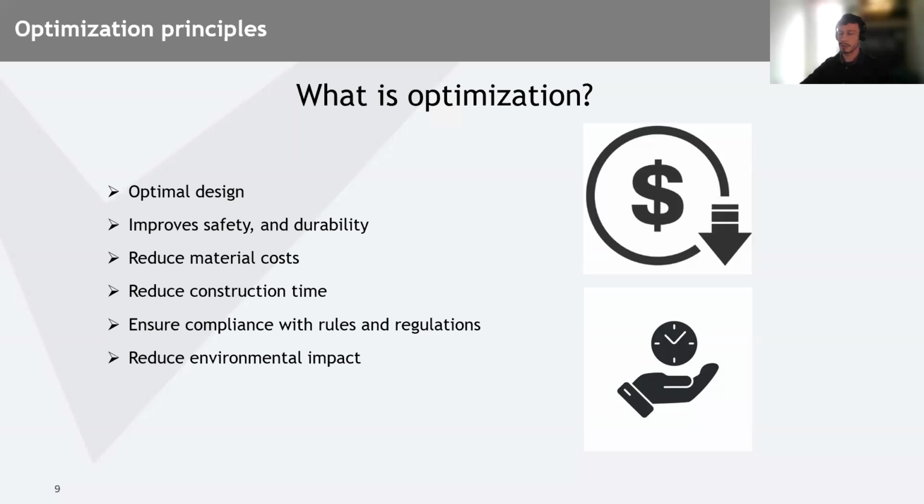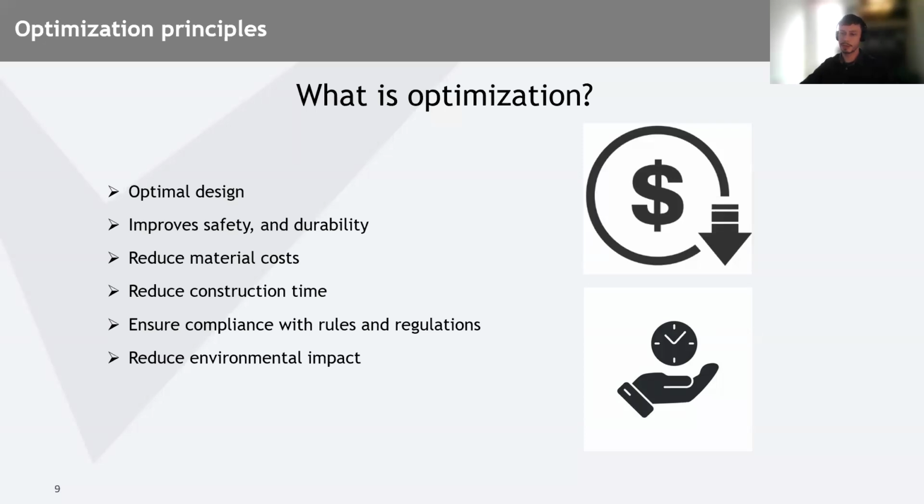So for example, our structure has enough load bearing to handle all the loading conditions, all the deformation conditions which we would like to meet, and on the other hand, we shouldn't design our structure to be too heavy.